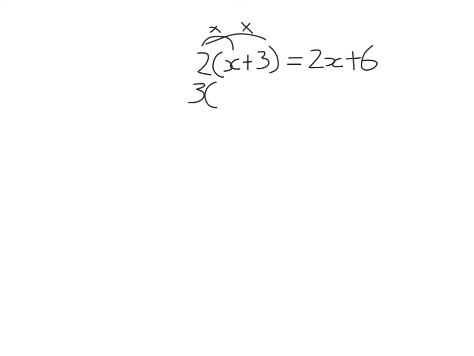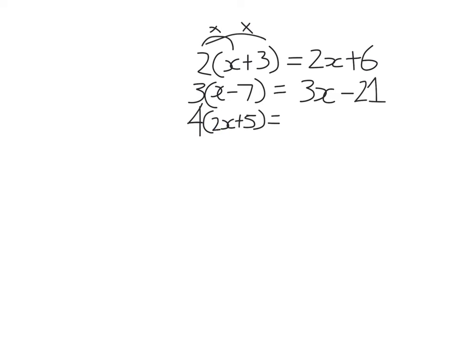Let's look at some more examples. Let's say I have something like 3 outside of x minus 7. All I do is go 3 times x, and 3 times, in this case, it's not a positive 7, it's a negative 7. So 3 times negative 7, positive times a negative is a negative. Same thing for this third one. Distributive law, I go 4 times 2x, 4 times positive 5.